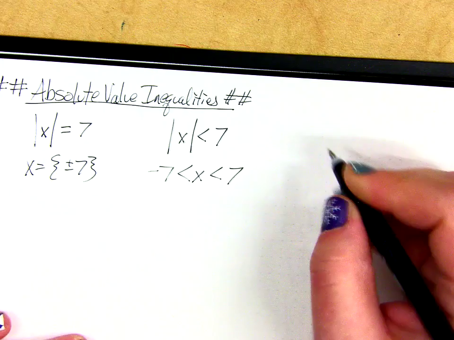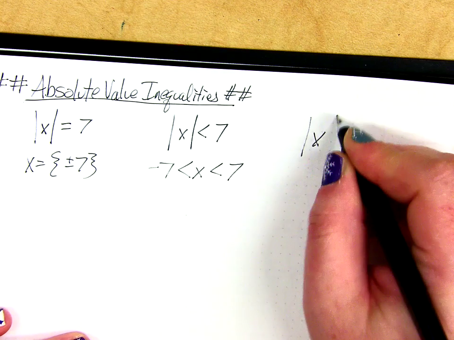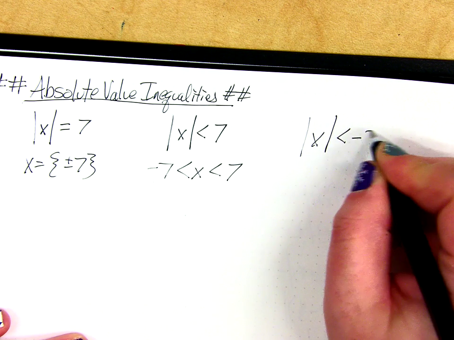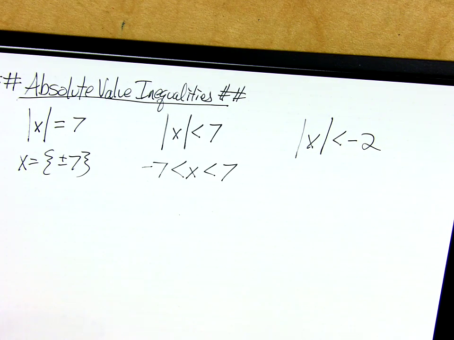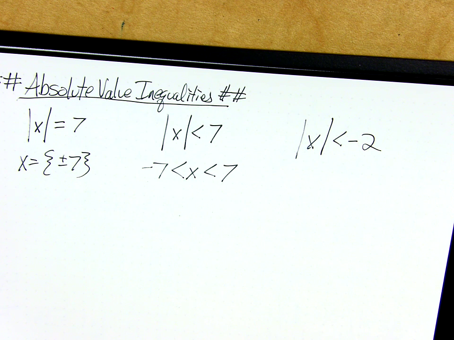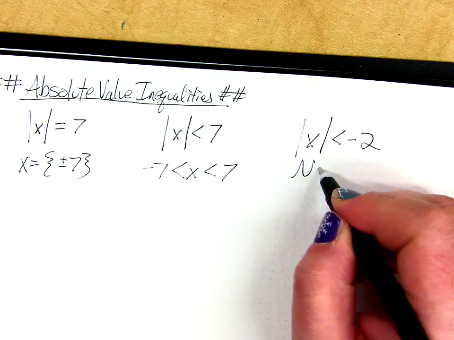Like if I said the absolute value of something is less than negative 2. That's impossible. There are no absolute values that are negative at all. So how could I get one that's less than negative 2? Right? You with me? So that has no solution.